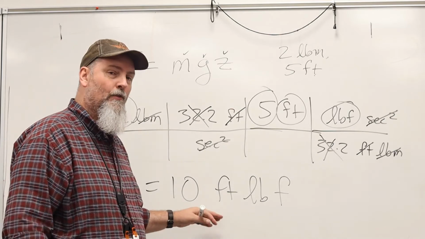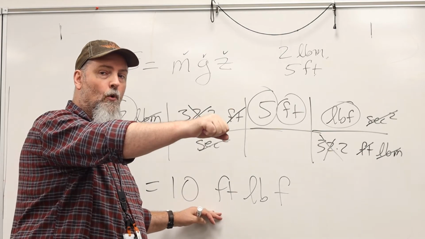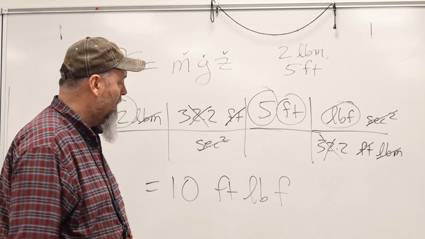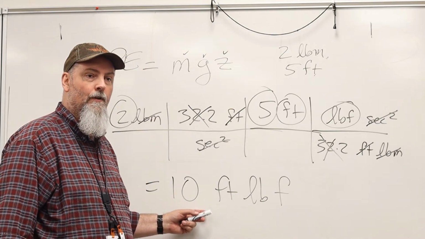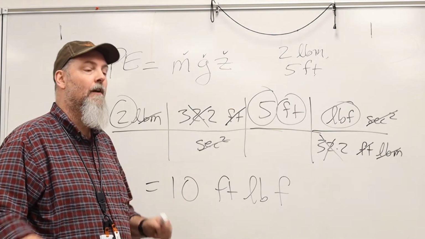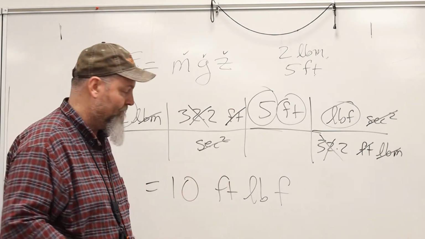Well, that's interesting. So if I know the potential energy of the thing I'm holding at 5 feet, what if I let go? Well, I know what its kinetic energy is going to be right before it hits the ground. Can I solve for how fast it's going to be going, assuming that all air resistance is negligible?